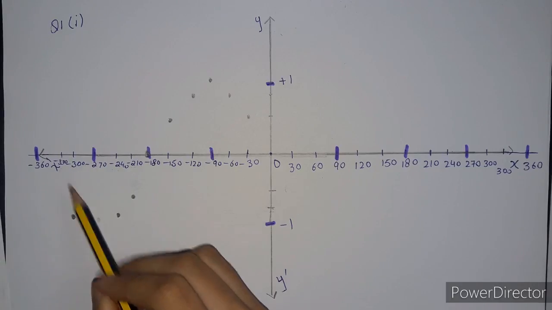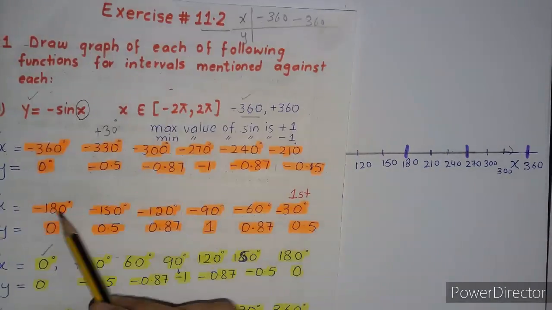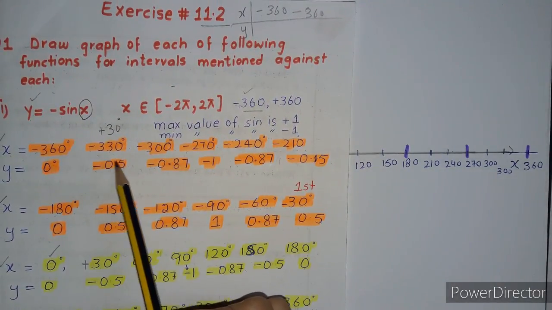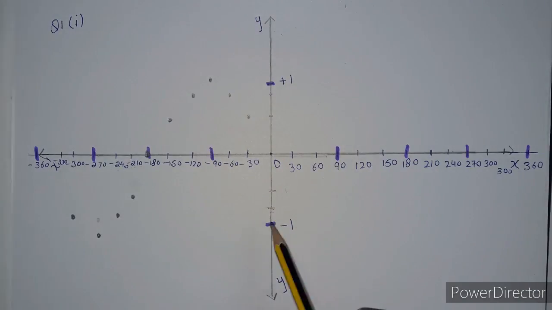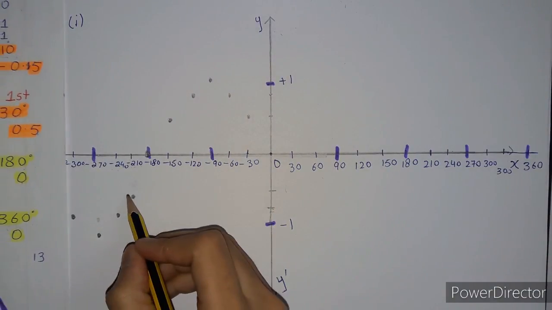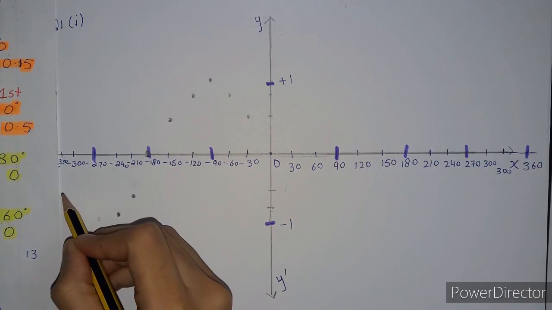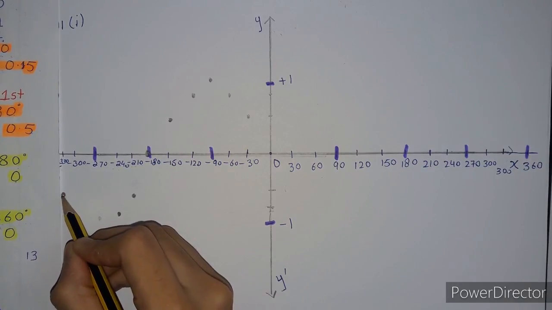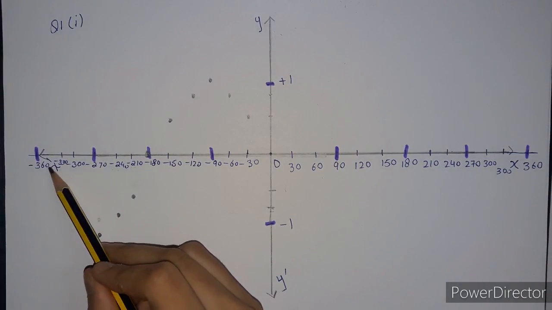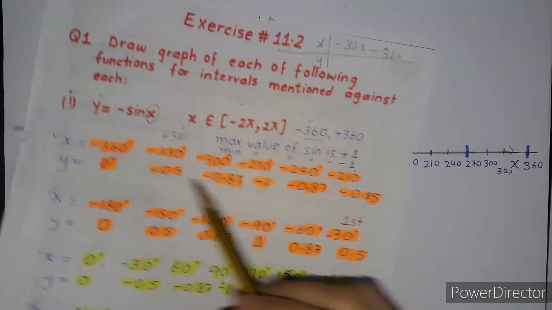Then -330 would be -0.5, putting in the place of -0.5. Then -360 would be 0.